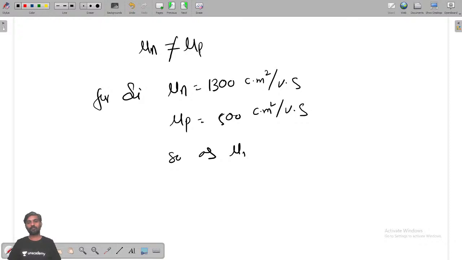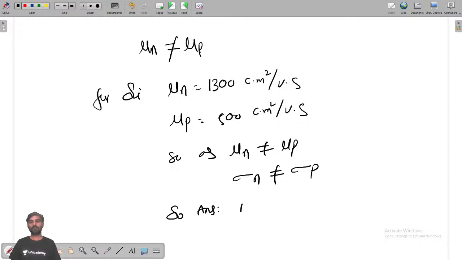As mu n is not equal to mu p, sigma n is not equal to sigma p. So the answer is false.